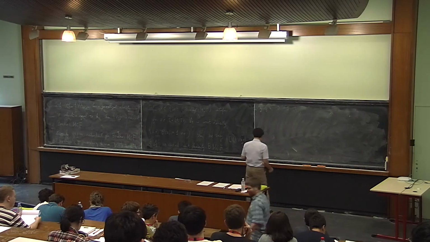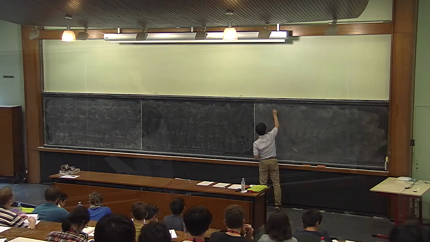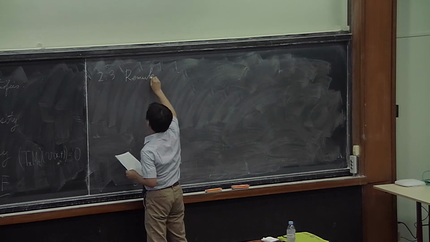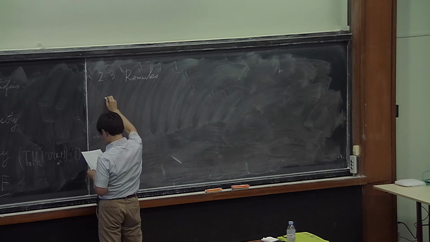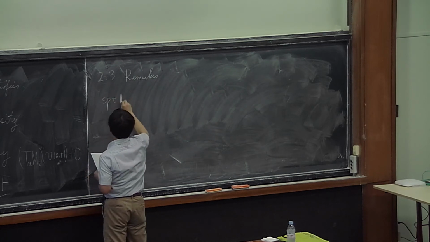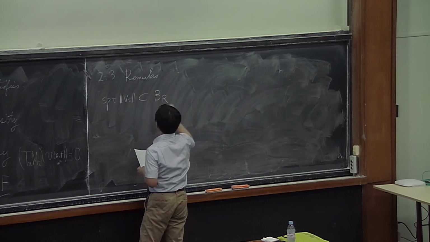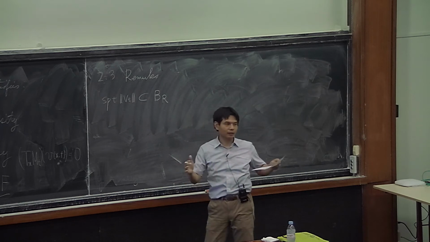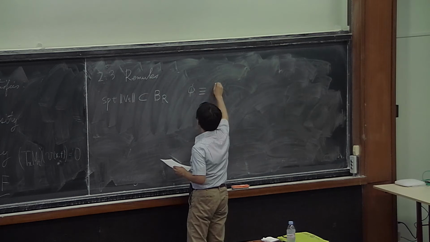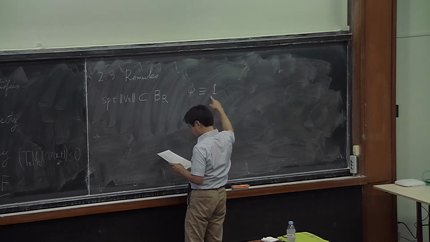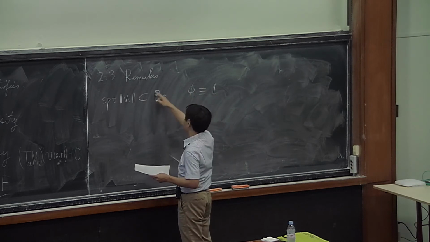Before I go to existence theory, let me make a few further remarks about Brakke flow. If I assume that the support of this Vt is in some ball of radius r, so suppose that this is a bounded flow, then we might take phi to be essentially equal to 1. This doesn't have compact support, but of course you can change phi to be 0 outside of this ball.